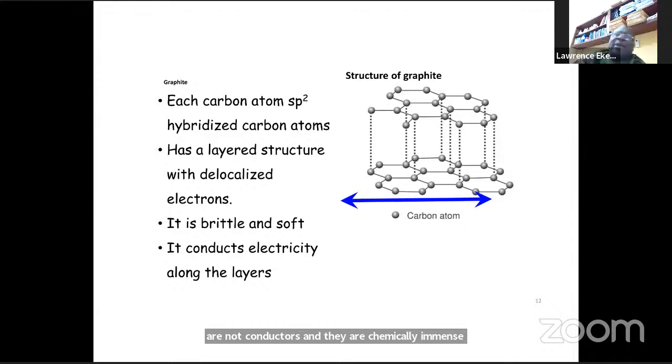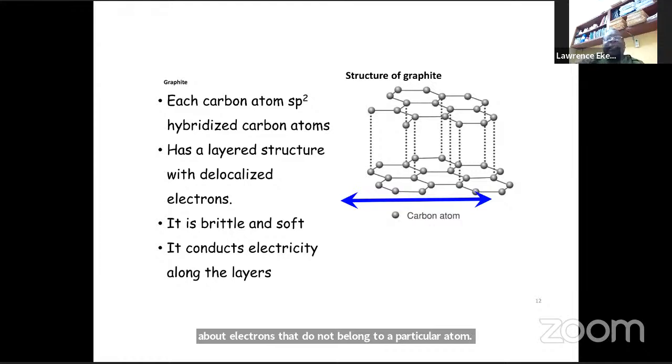In graphite, each carbon atom is an sp2 hybridized carbon atom. They have layer structures with delocalized electrons. When we say delocalized electrons, we are talking about electrons that do not belong to a particular atom, that are evenly distributed.